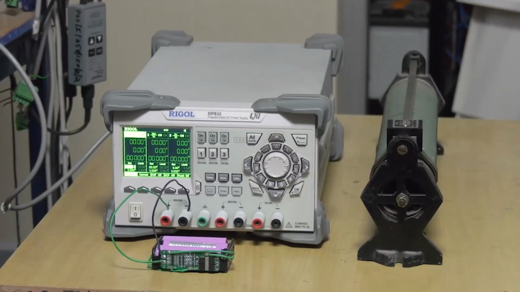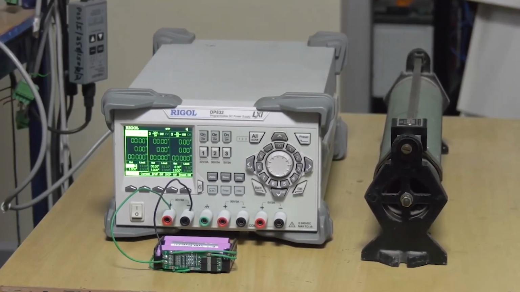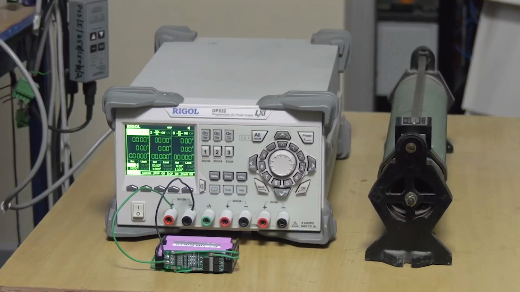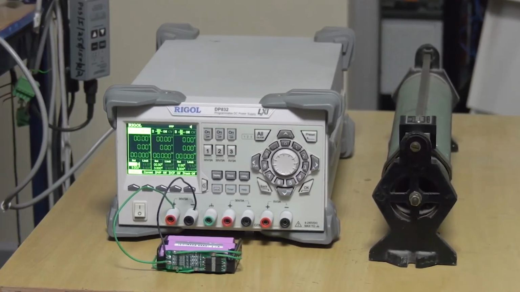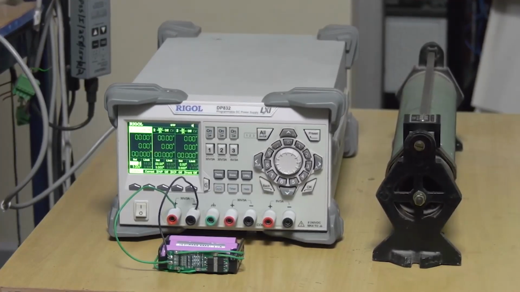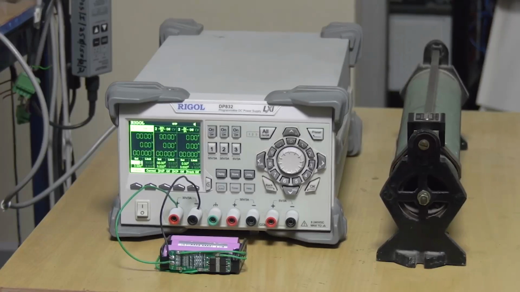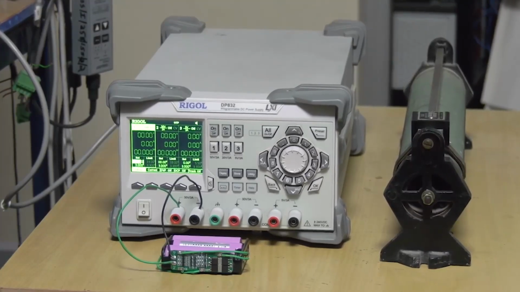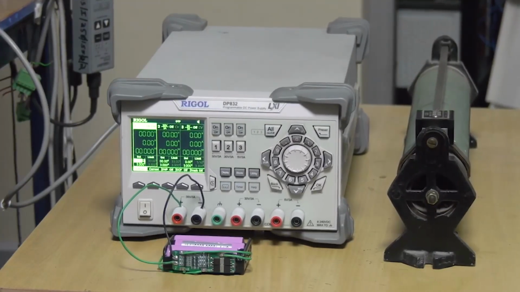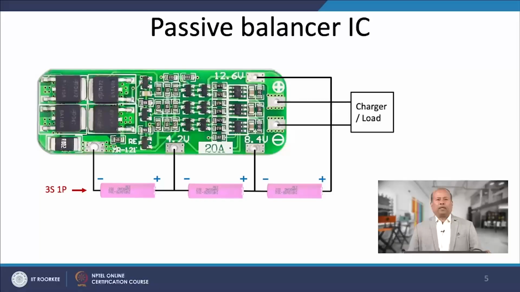3 18650 lithium ion cells of 3000 milliampere hour capacity with a nominal voltage of 3.7 volt each are used in this experimentation. The cells are connected in series to make up 11.1 volt.